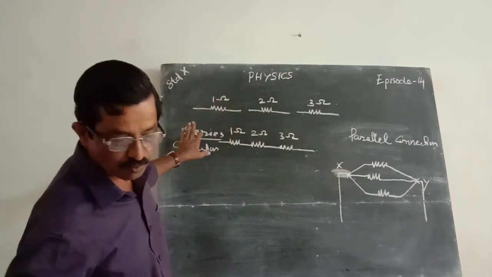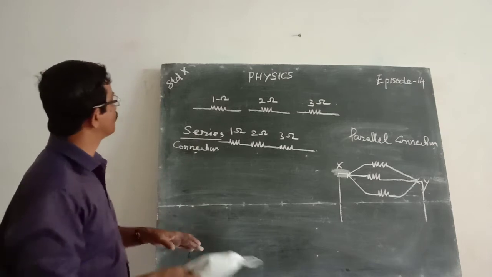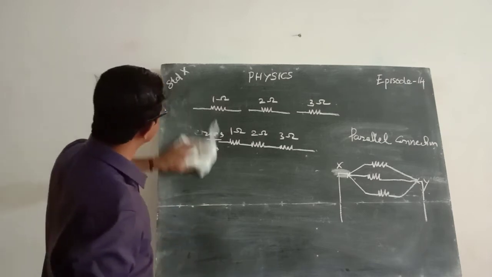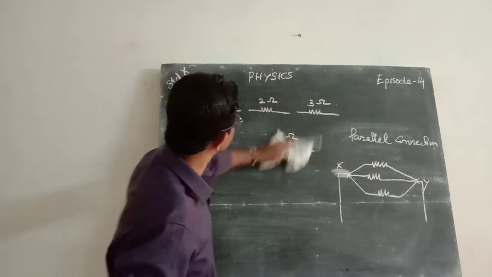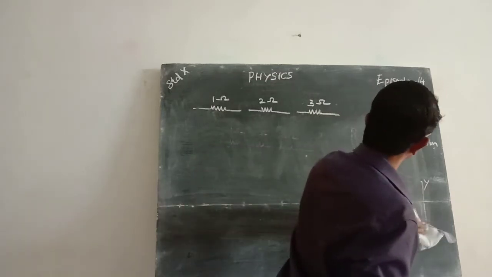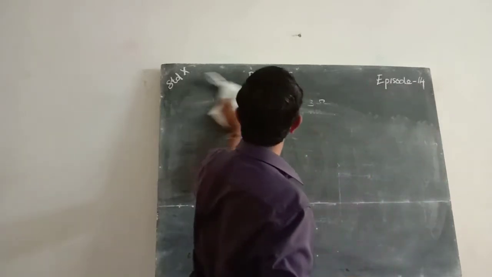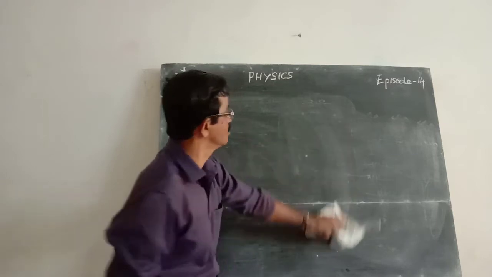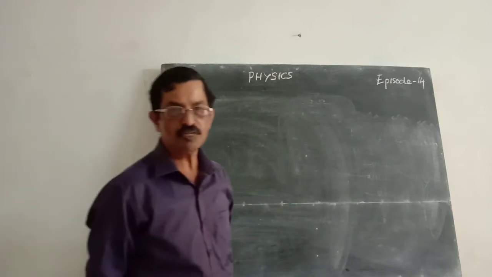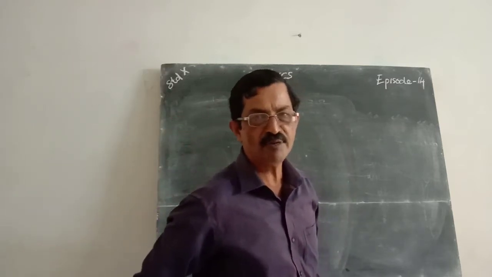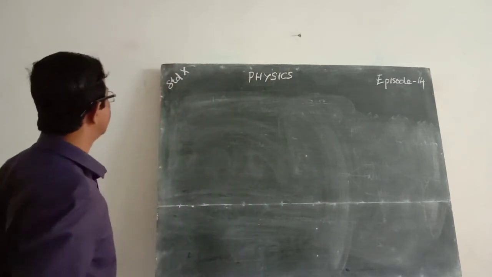Okay. Now we want to do one activity. Two types of connections we discussed. Among them, the first one is the series connection.